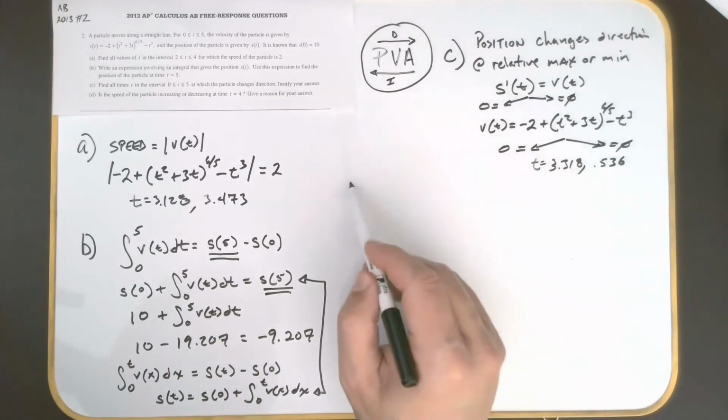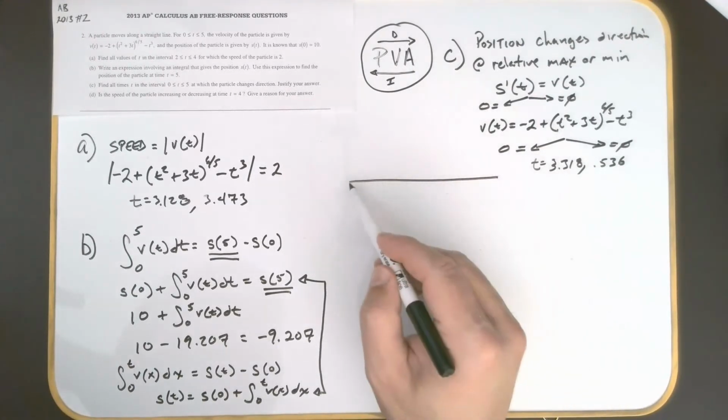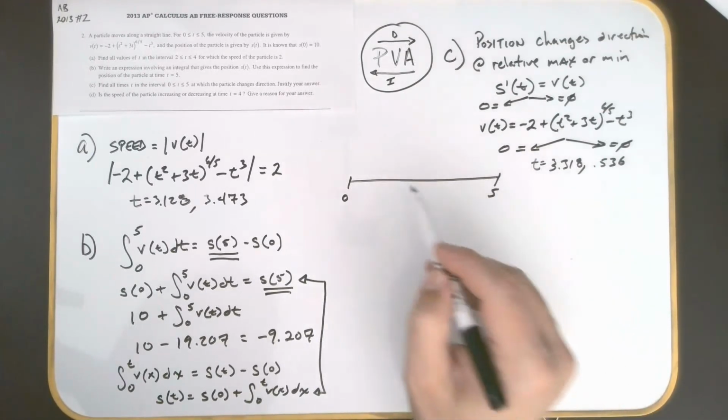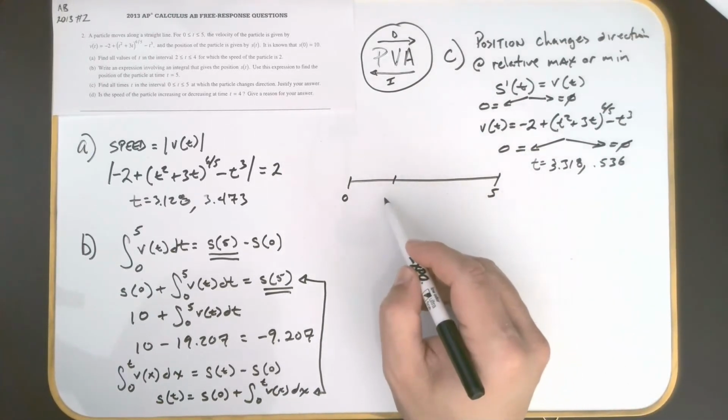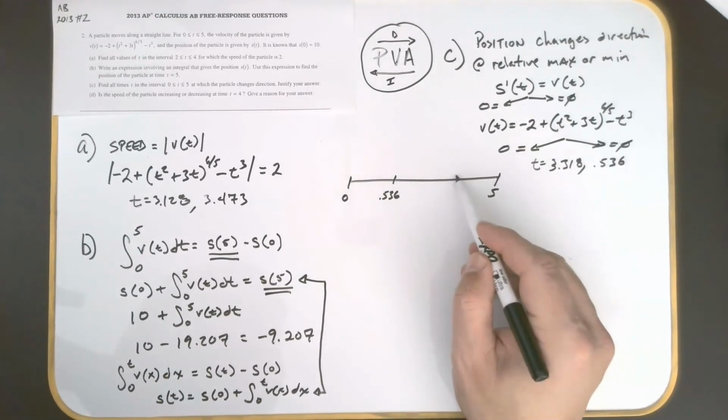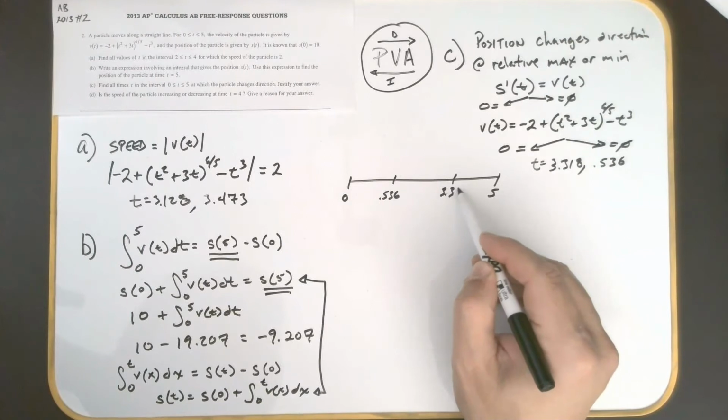And so I'm going to take these two values, and I'm going to say, well, at 0 and 5, we have that. And I'm going to put in 0.536 and 3.318.